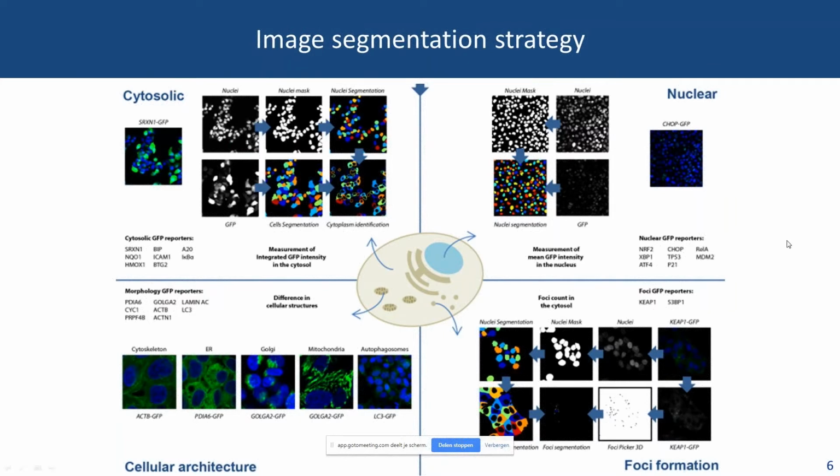For some of the reporters, the localization is not per se the nucleus or the cytoplasm, but they form speckles. Later on, I will give you an example of this, but then we can also quantify the number of speckles per cell and also the intensity of these speckles.